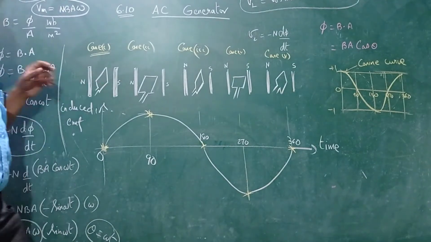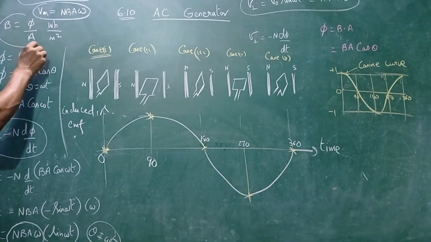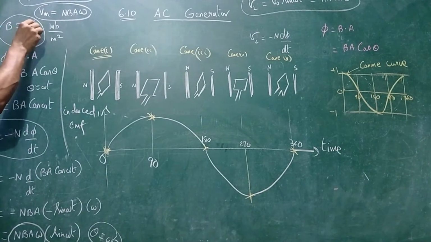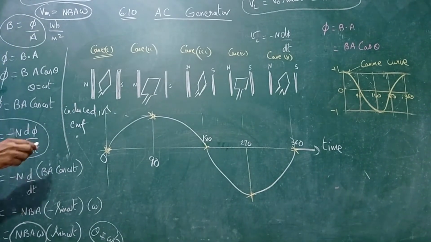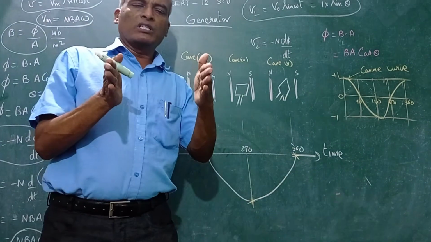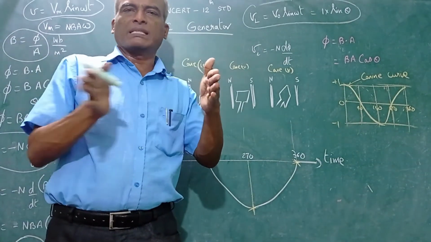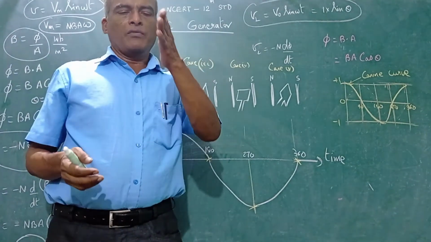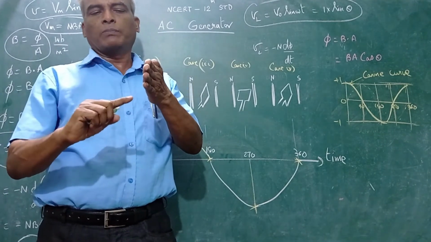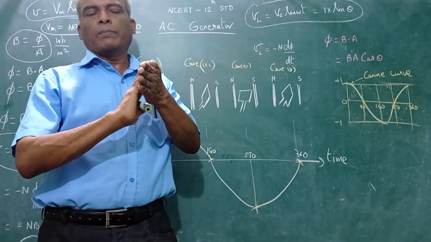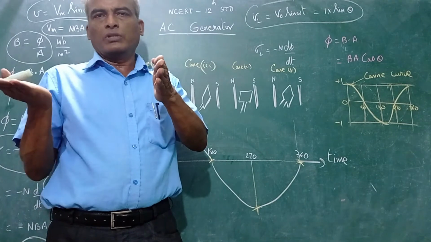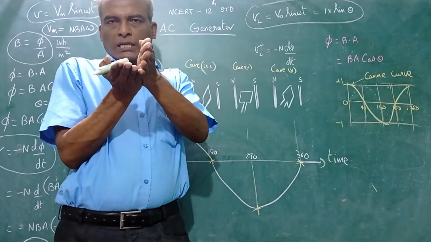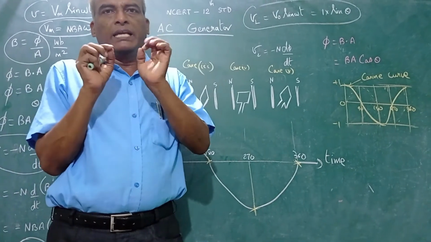We will consider this in terms of magnetic flux density phi and A. If you have a north pole and a south pole, you have magnetic flux lines. Now, if a rectangular coil is positioned like this, the plane of the coil is vertical to the lines of force. In that case, the angle is 90.